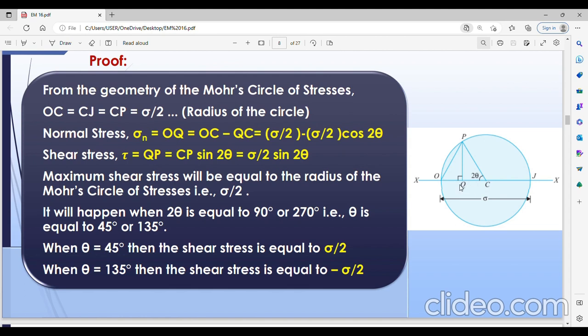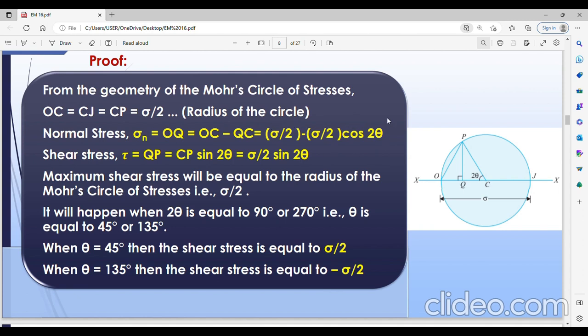Now what is CQ? If this is the 2 theta angle, then CQ is equal to CP cos 2 theta, so you'll get it as sigma by 2 cos 2 theta. So that value you have.